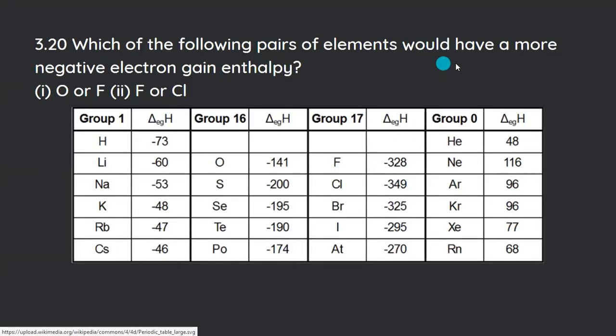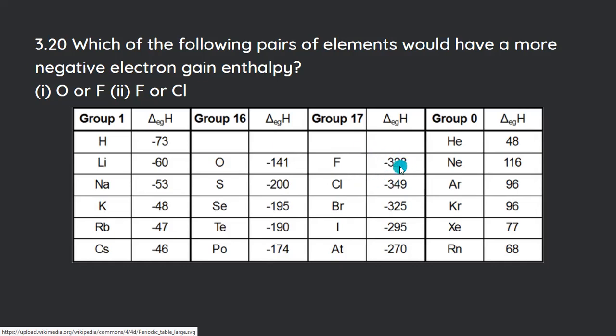Which one of the following pairs of elements would have a more negative electron gain enthalpy: oxygen or fluorine, fluorine or chlorine? Now from this particular data, we can say easily that oxygen will have a less negative electron gain enthalpy than fluorine.